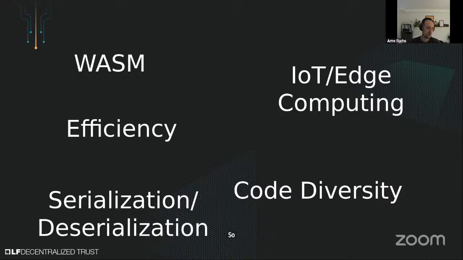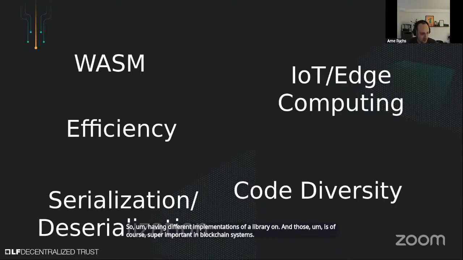So if the Ethereum node in Go crashes, it's not sure that other nodes in different languages will crash too. So having different implementations of a library or the node is super important in blockchain systems to ensure that the network is operable.